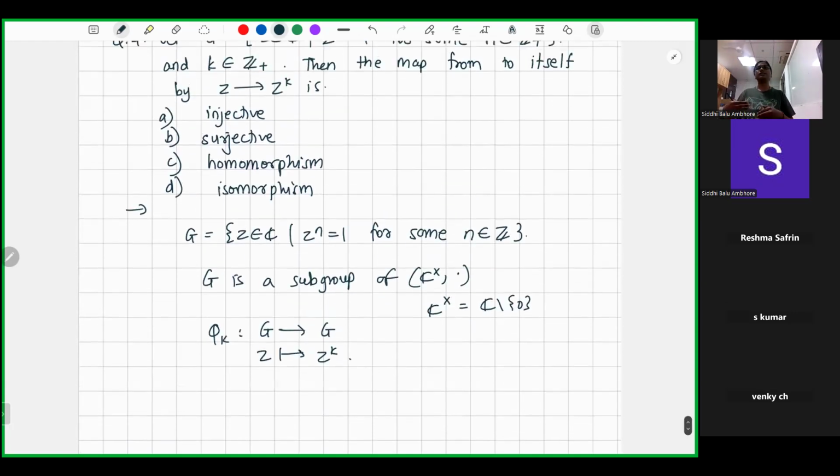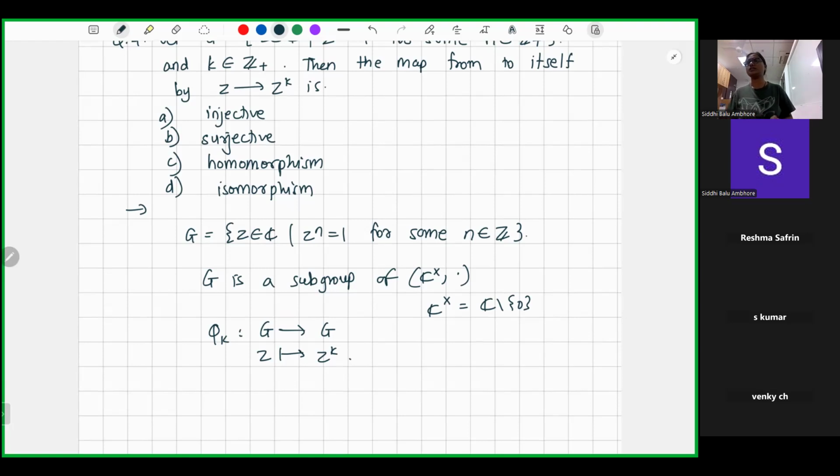Now they are asking whether this map is injective, surjective, a homomorphism, an isomorphism. Can we say something, will this be always injective, surjective, homomorphism, isomorphism?